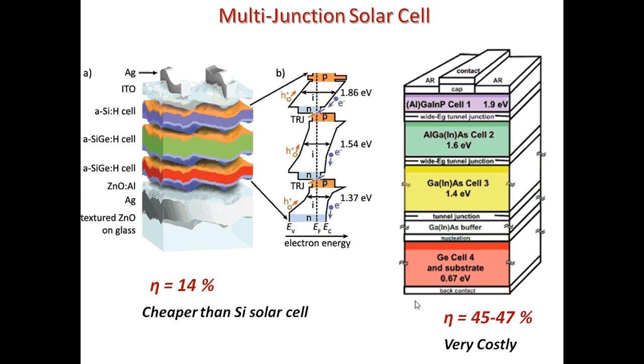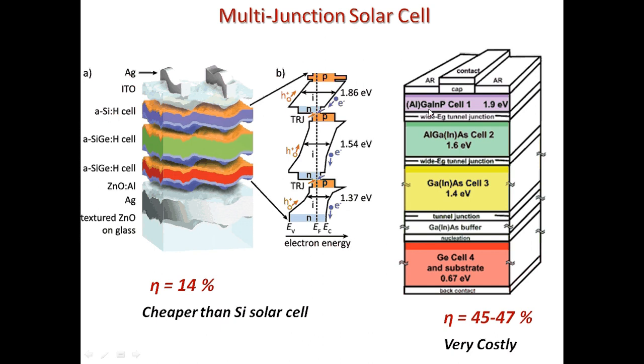So for example, this is the most advanced form of multi-junction solar cell, which has recorded an efficiency of 47%. This is the highest efficiency ever recorded. In this case you can see there are four layers or four junctions that have been created.